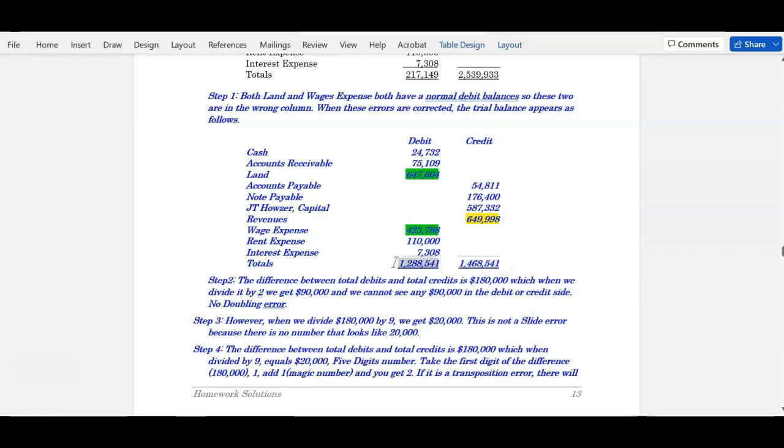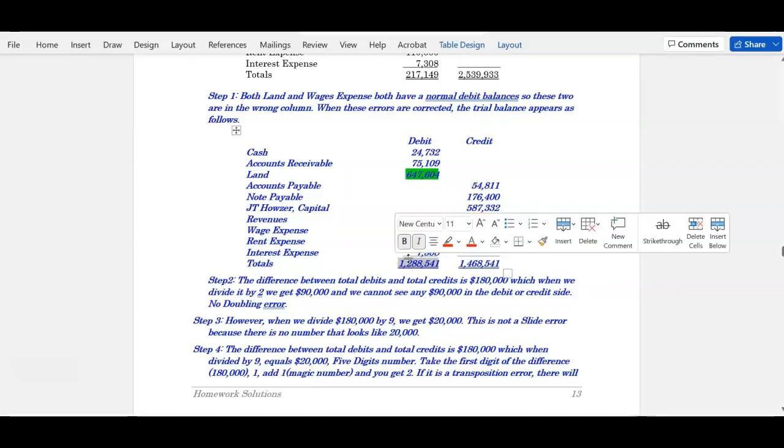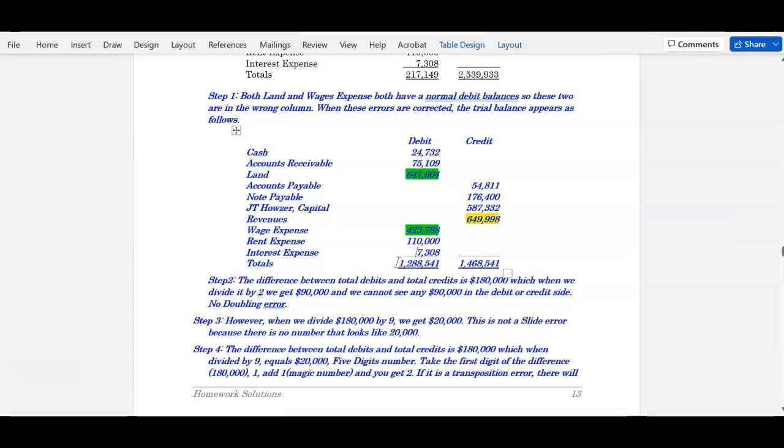Obviously, that number, 1,288,541 is smaller than 1.4 million. Okay. So your issue is to make probably the smaller number larger, right? Or the larger number smaller. One of these numbers has to change.